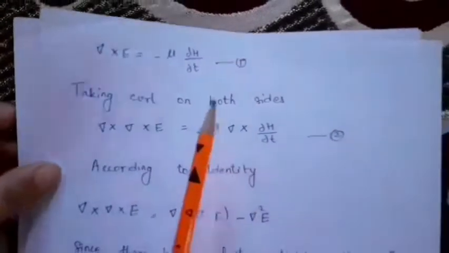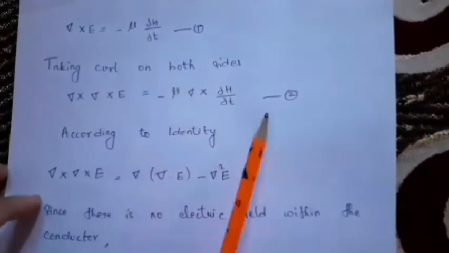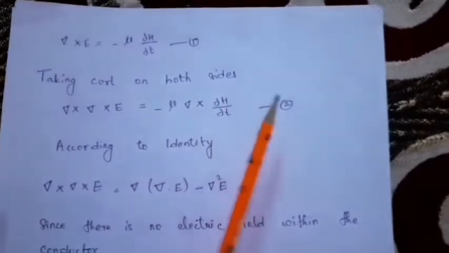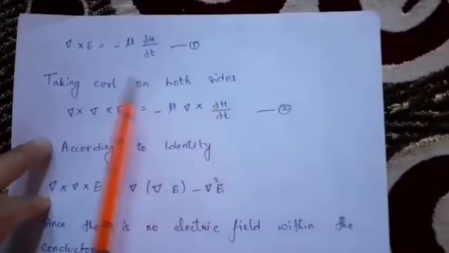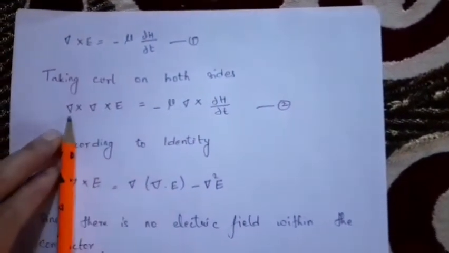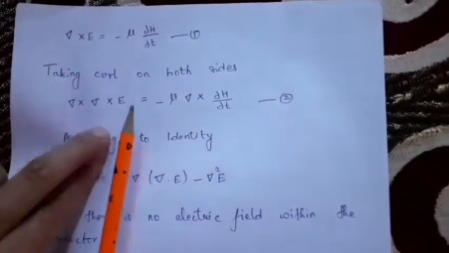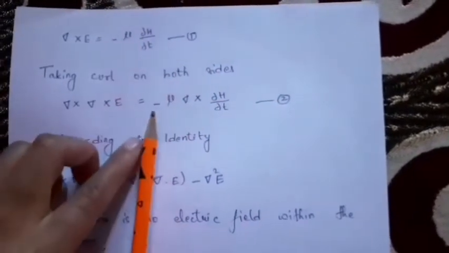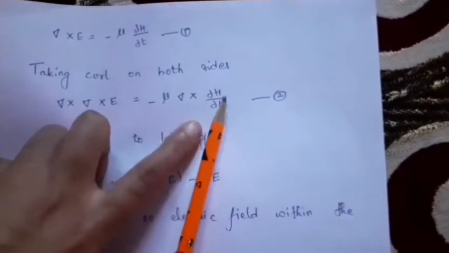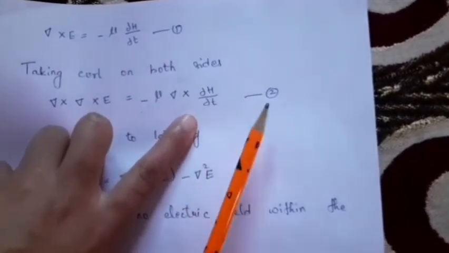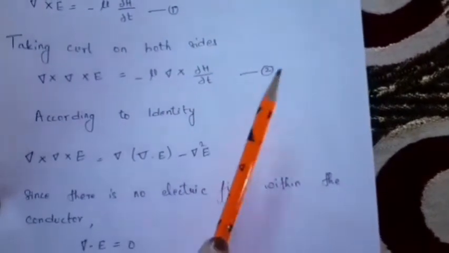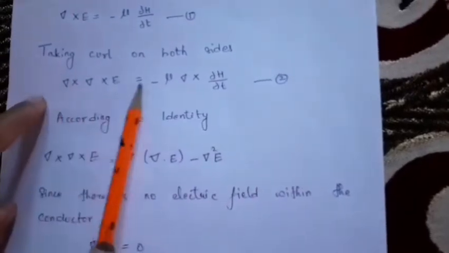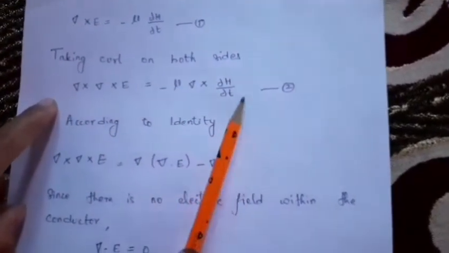So what is the next step? The next step is taking curl on both sides. After taking curl on both sides, this becomes del cross del cross E, and this becomes minus mu del cross dou H by dou t. Consider this as the second equation. Now we are going to simplify the left hand side as well as the right hand side.